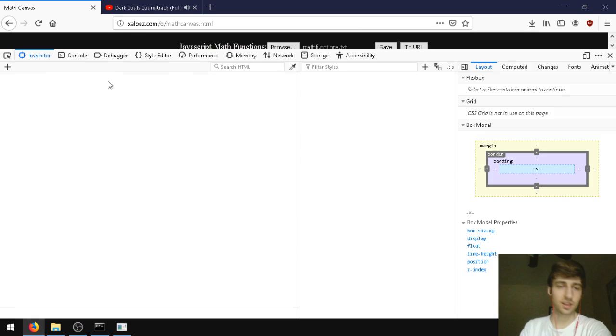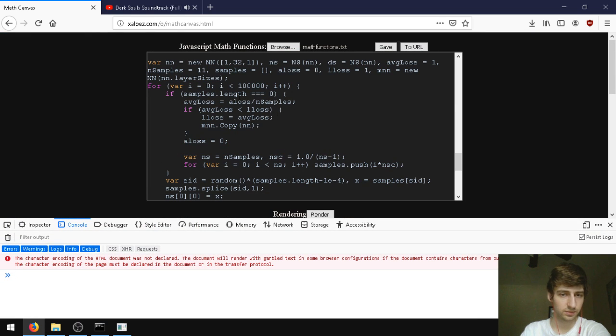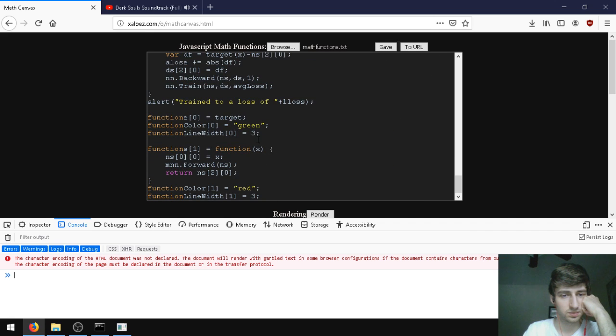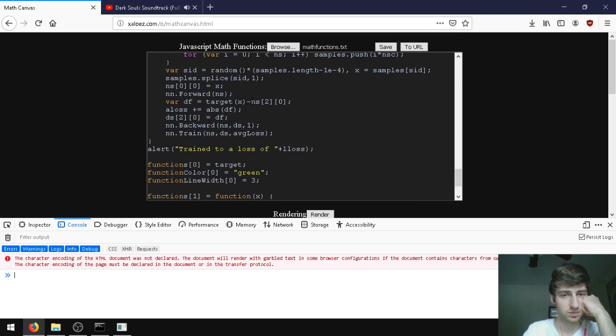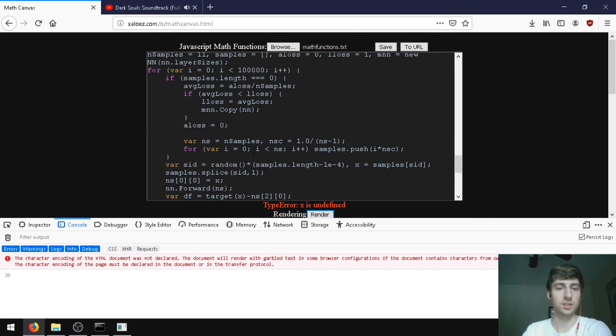All right, so if this is anything like before, it's going to crash. So I'm just curious what would make this crash? X is undefined.